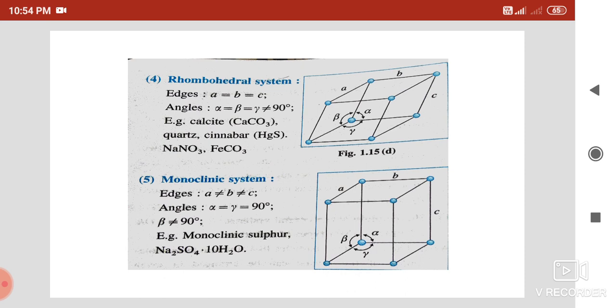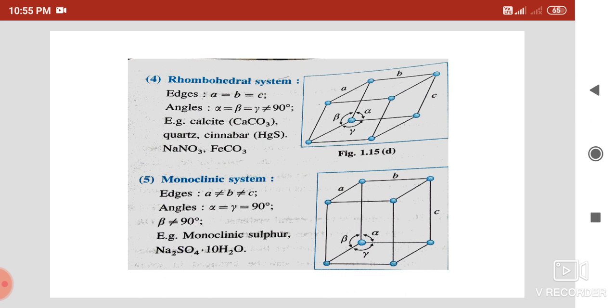Then afterwards the fifth crystal system is shown. It is the monoclinic system, where all three sides A, B and C are different, not equal, but alpha and gamma, these two angles, are each 90 degrees, while the beta angle is not 90 degrees.